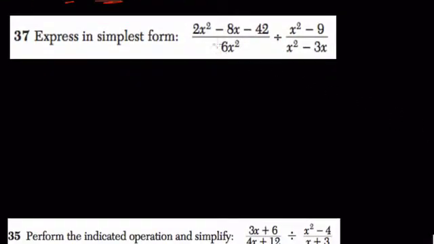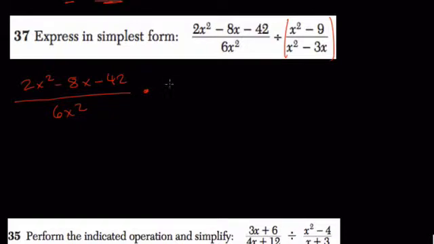Express this in simplest form. So notice it's 2x squared minus 8x minus 42, don't be overwhelmed here, over 6x squared divided by, so we're going to multiply by the reciprocal. That's going to be our key step here. Right, you're dividing by a fraction, multiply by the reciprocal, times x squared minus 3x over x squared minus 9.